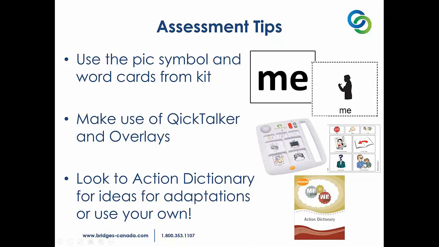A couple of reminders when you're using these assessments. Don't forget to use the picture, symbol, and word cards that come with the kit. Make use of that Quick Talker and overlays for your non-speaking students for the assessment, but also for some of those very specific activities on every page of the lesson. As always, I need to point out that the Quick Talker is not a comprehensive communication tool.